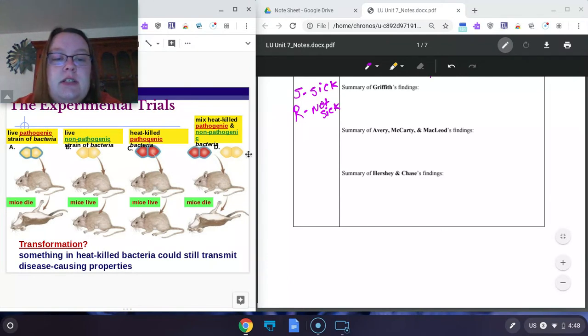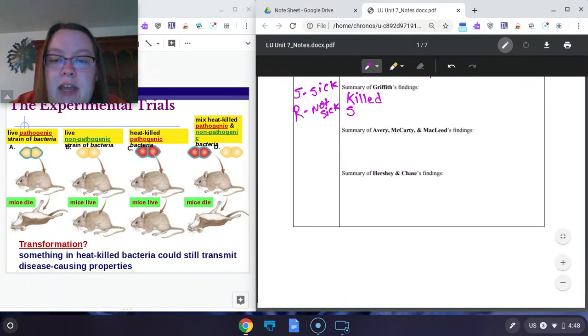In experiment D, something weird happened, and this is the one we're going to mainly write down. He did this weird experiment where he took heat-killed S bacteria, the bacteria that typically make you sick but typically do not cause sickness once killed.